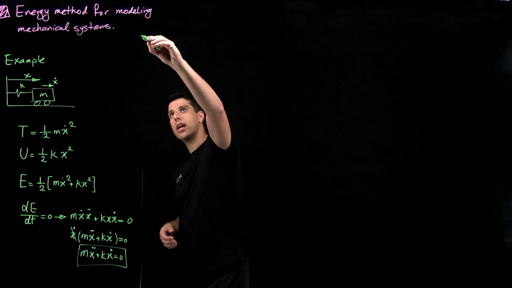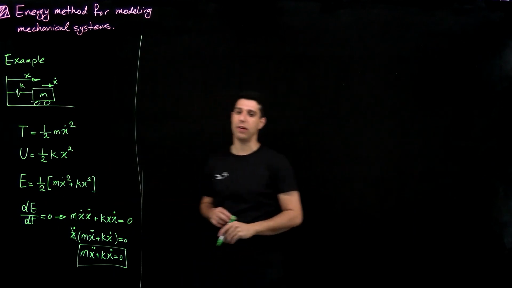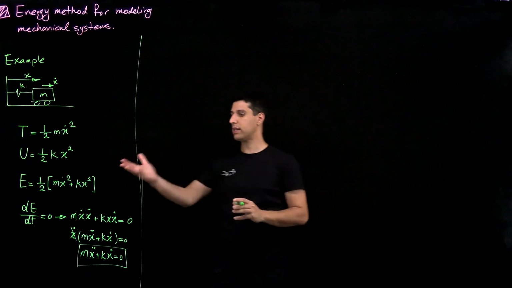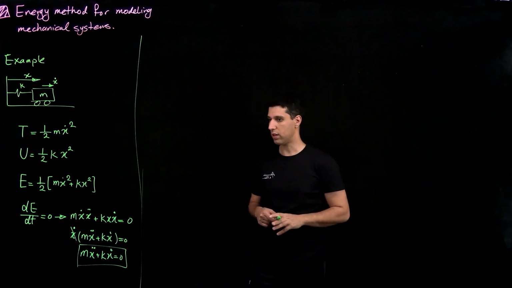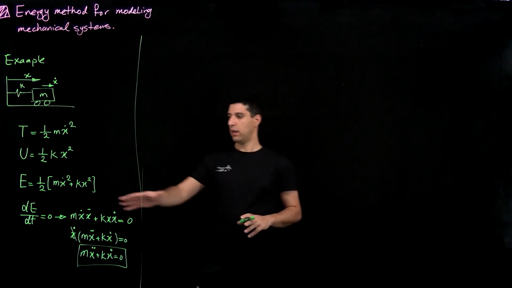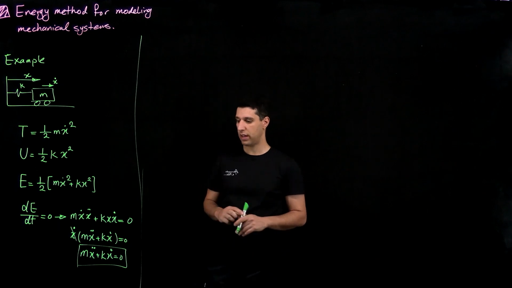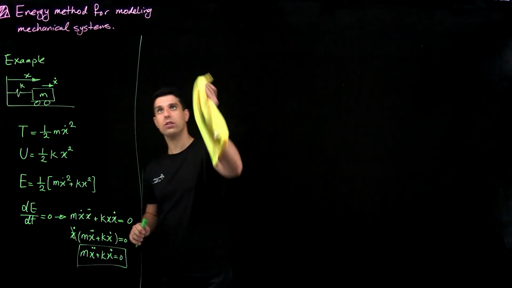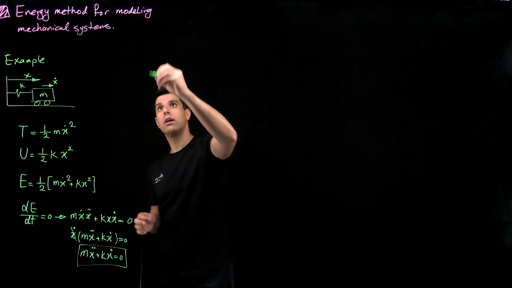And it came directly from the balance of energies, which to me at least is a lot more intuitive than equations of motion using Newton's equation. So this was a condition where we didn't have any non-conservative force.